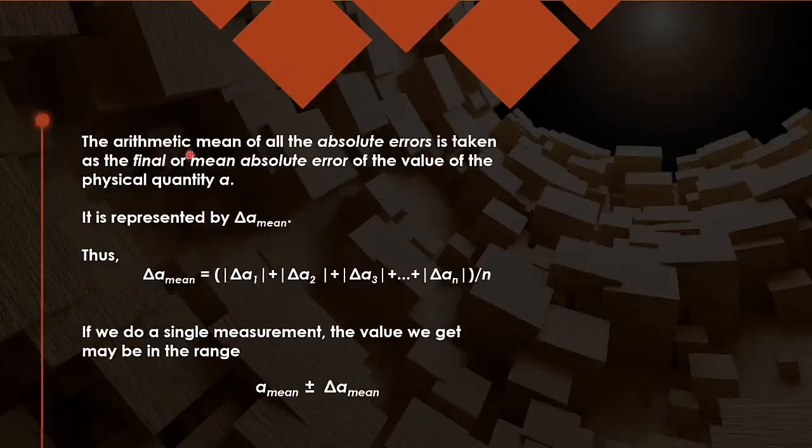Now, if you want, you can find the arithmetic mean of the absolute errors, and whenever you write the result, you write the true value plus or minus the absolute error. This is the method of writing the result.